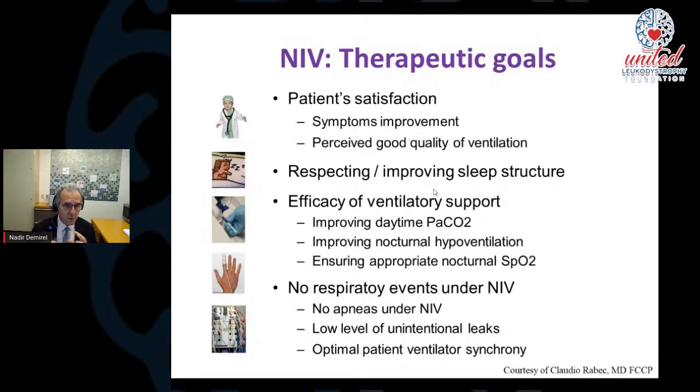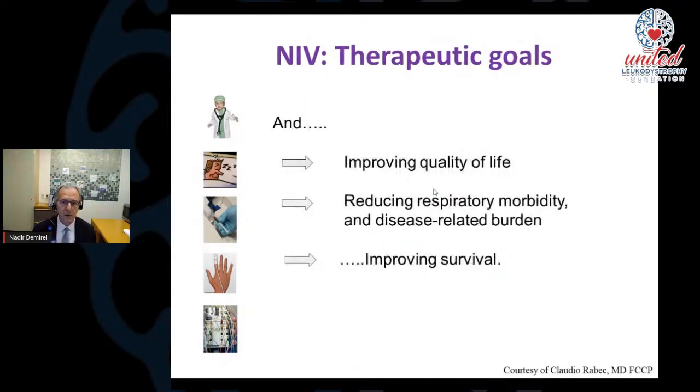So the patient doesn't want to take a breath, the ventilator gives a breath because it's too sensitive, or the patient wants to start a breath, the ventilator doesn't sense it, it's not sensitive enough. Or if you have a lot of leak, again, the ventilator is not going to sense that you want to start a breath.